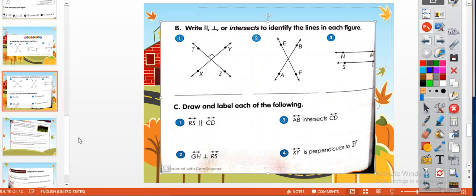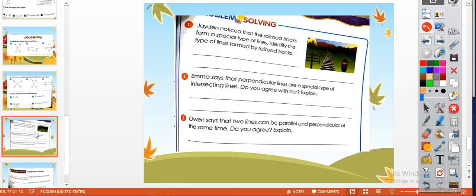In the next page, Jaden noticed that the railroad tracks form special types of lines. Identify the type of lines that are formed. Look at the picture here. We have parallel lines. Those two lines are parallel. This one is parallel to this one.